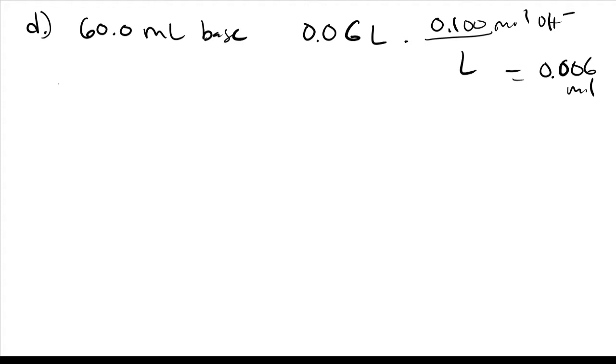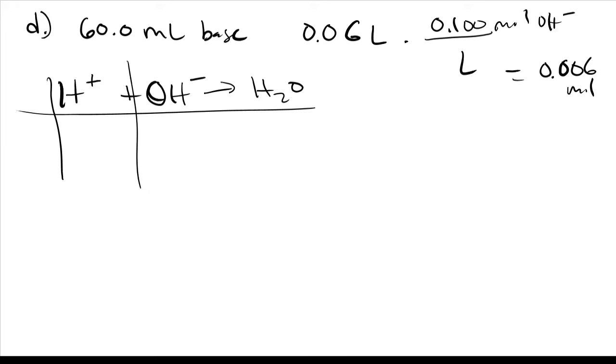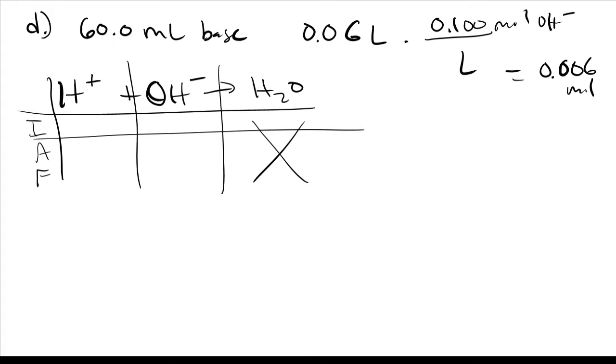We could do an IAF table, so let's go ahead and just do that real quick. Oops, that should be hydroxide. Alright. Don't have to worry about water. Alright, so we started out with 0.004 here. We started out with 0.006, right, that they gave us here.